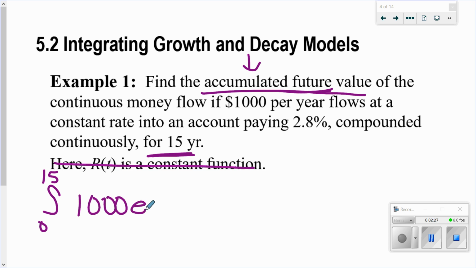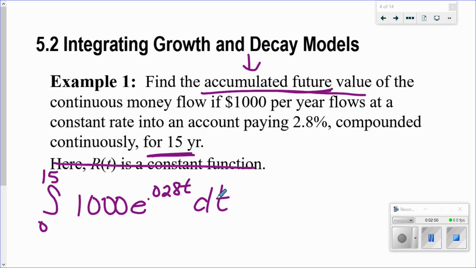Okay, so this is how this gets set up, 0 to 15. You'll notice I left the t in the variable. We're going to plug in the numbers 15 and 0 for t after we do the antiderivative.